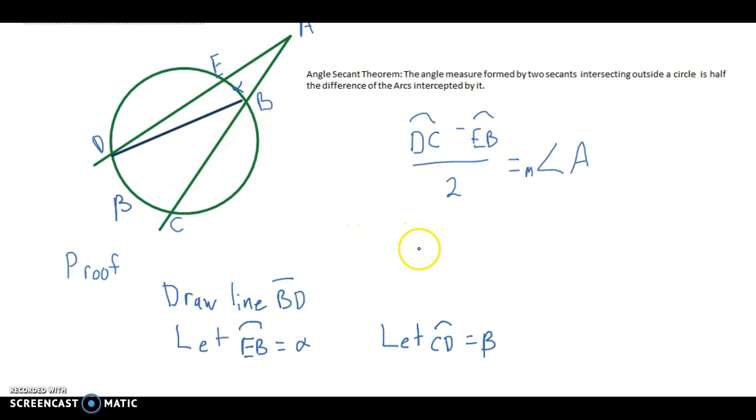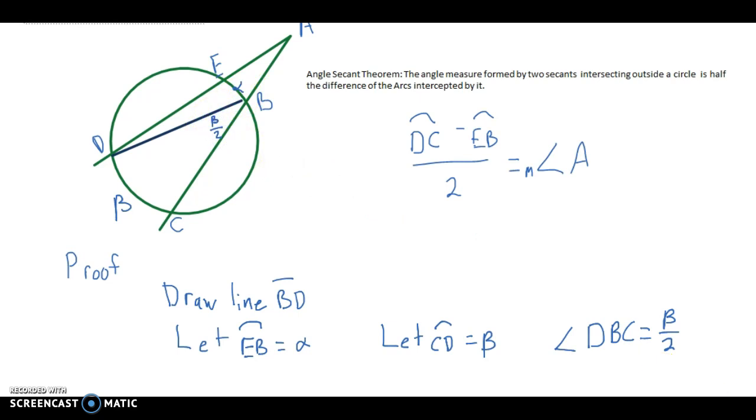And one thing we know is that the measurement of angle DBC is going to be beta divided by 2. So this will be beta divided by 2.